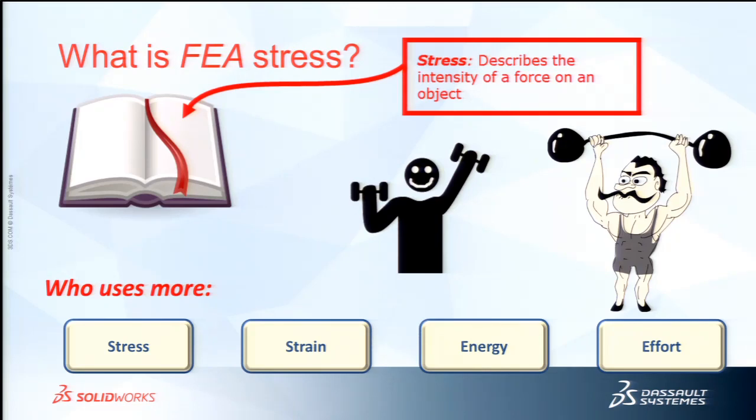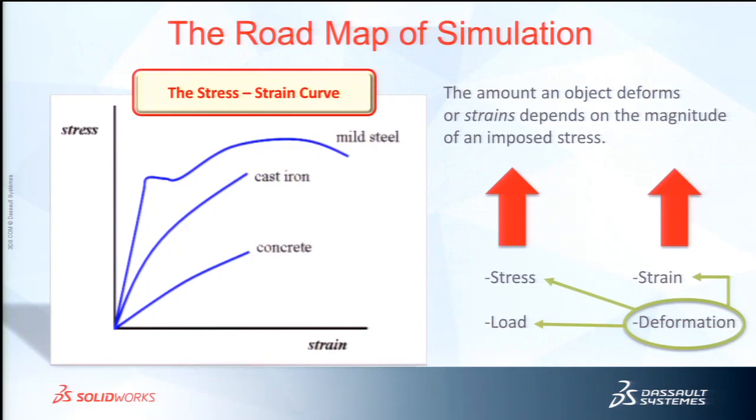So those 4 things there, energy, effort, strain, and stress, those are actually all related, and we'll talk about that a little bit later. So what I showed you there was that stress versus performance curve for human beings. The performance of a material is what we call the strain. So we have stress versus strain, defining the roadmap or defining the performance of this material. So why strain?